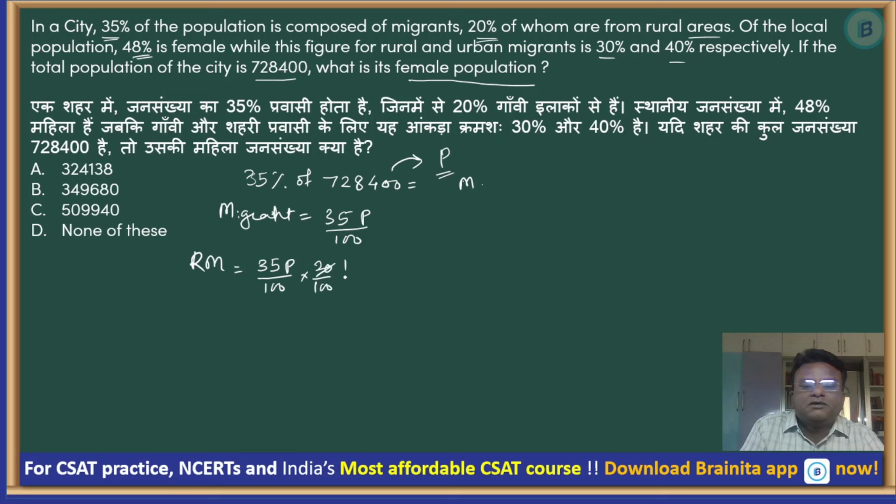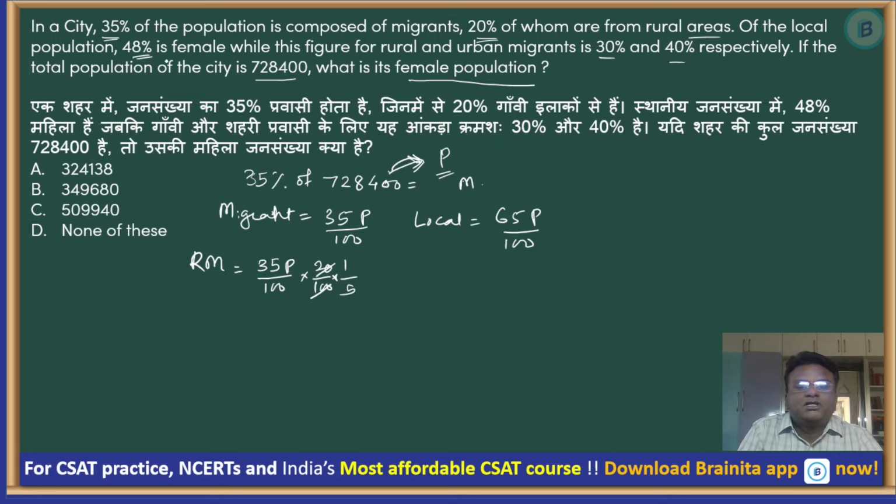Of the local population: if 35% is migrant, that means local is 65P by 100, 65% of this number is local population.